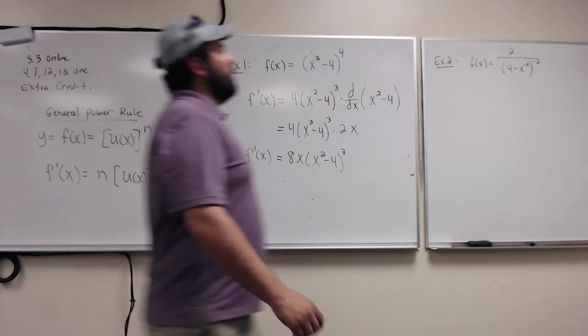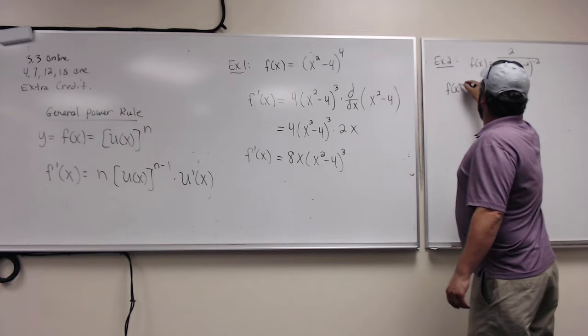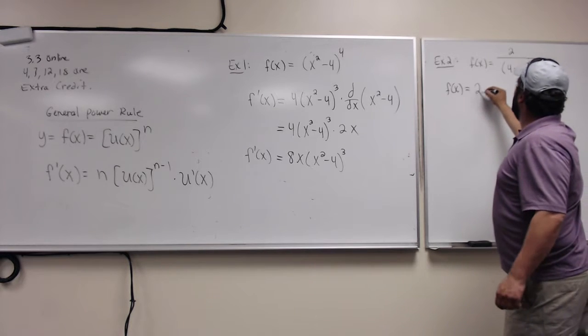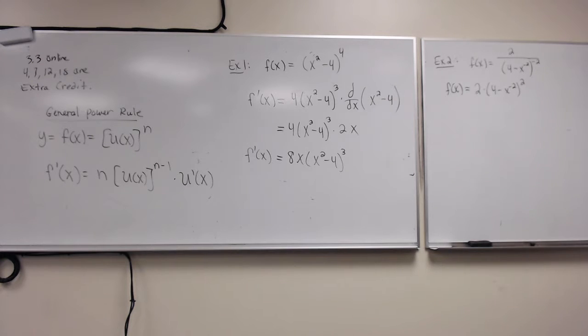So if I wanted to apply a derivative rule, this is ultimately a quotient. So I could use the quotient rule here. However, anybody know of a way I can maybe simplify the expression and avoid using the quotient rule? Yeah, so bring something up, right? Since we're dividing by something with a negative exponent, this could instead be written as 2 times 4 minus x to the minus 2 with a square power instead.